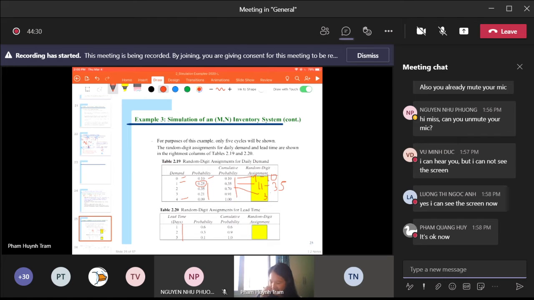Now the lead time is random, and it varies from 1 to 3 days. Some days we place an order and one day after we receive the stock; some days we have to wait 3 days. This is the probability, and we use the same random digit assignment for this. Now let's look at our simulation table.